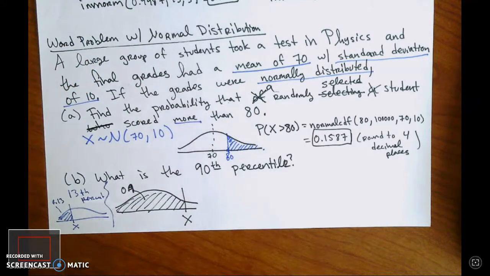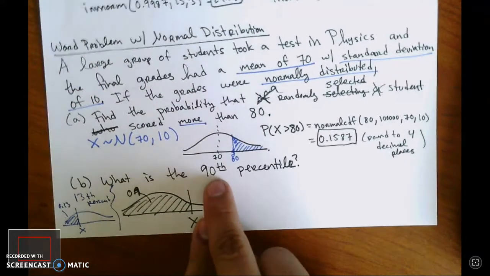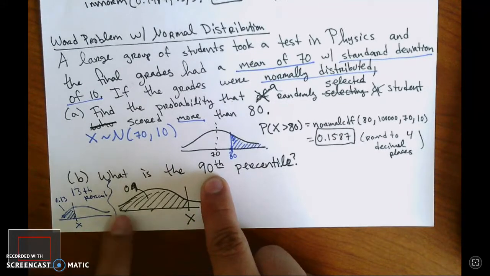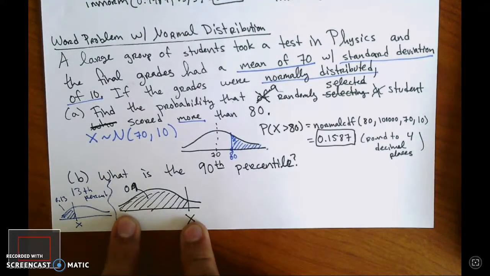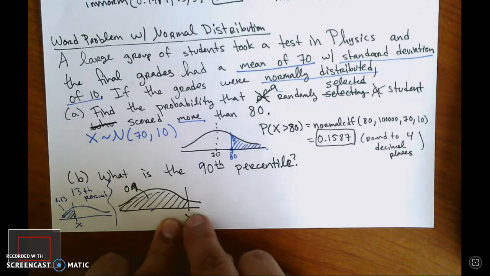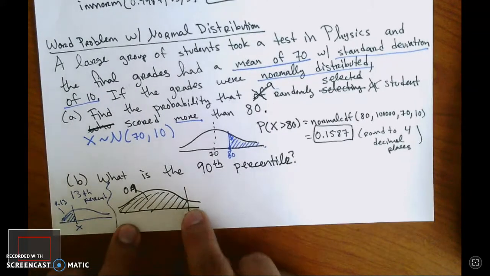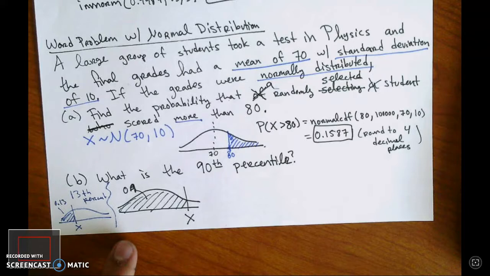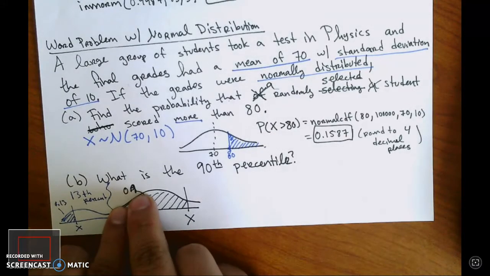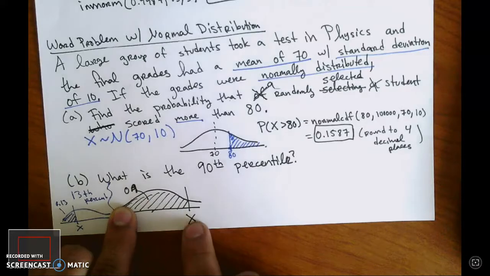So whenever you see percentile, that tells you what percent of the data is below a value. What we want to figure out is the value that has 90% of the data below it. I'm giving you the percent, the actual probability. Now figure out the value, right?